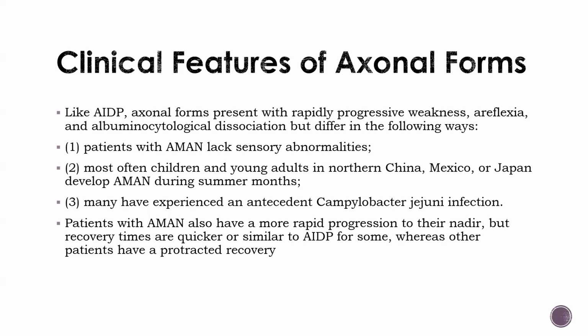Many have experienced antecedent Campylobacter jejuni infection. Patients with AMAN also have more rapid progression to their nadir, but recovery times are quicker and similar to AIDP for some, whereas other patients have protracted recovery.